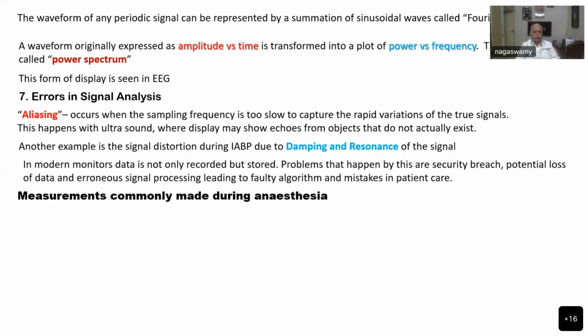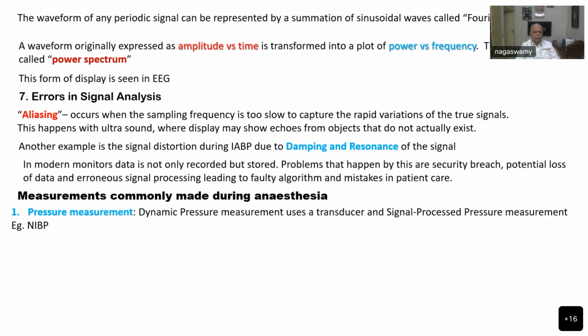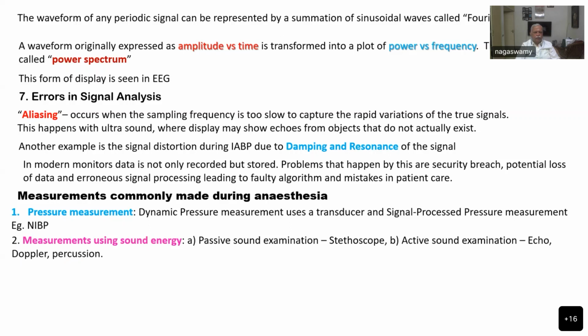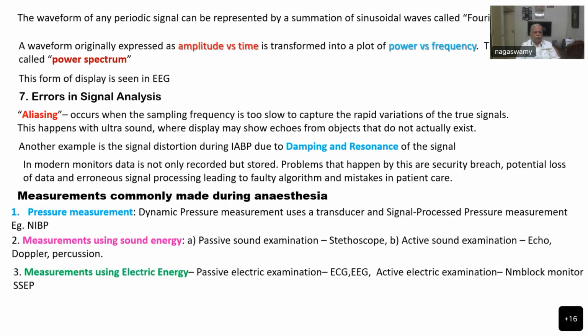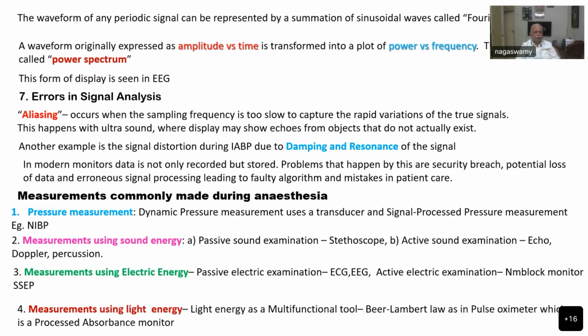So measurements commonly made during anesthesia are pressure measurement using a transducer or signal processed pressure measurement like NIBP; measurements using sound energy, passive sound energy like the stethoscope, active sound energy like echo and Doppler, and percussion; measurements using electric energy, that is EEG and ECG, and active electric examination, neuromuscular block every time you stimulate, and SSEP; and measurements using light energy.